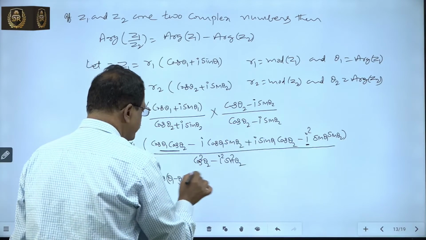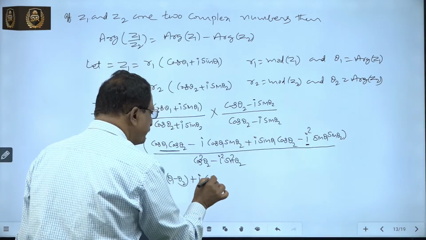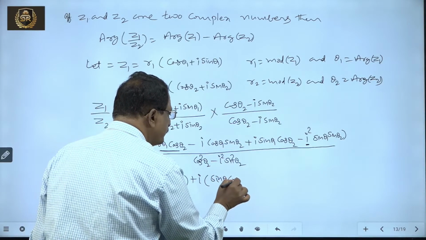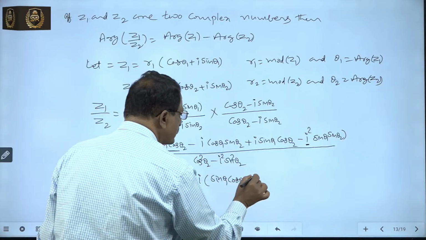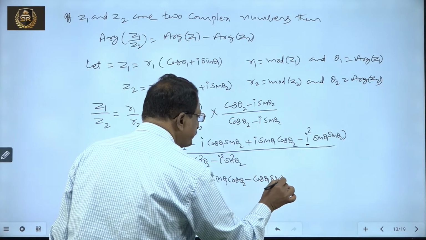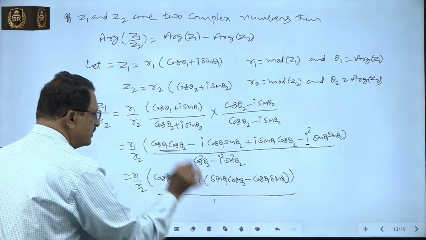In these two terms I take common, we get sin theta 1 cos theta 2 minus cos theta 1 sin theta 2, by denominator 1.